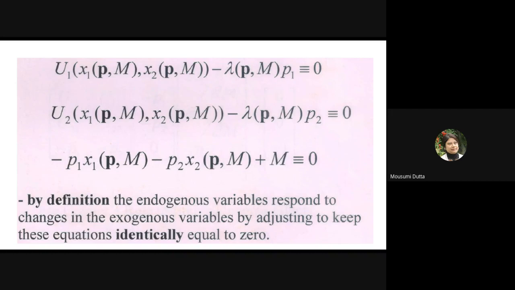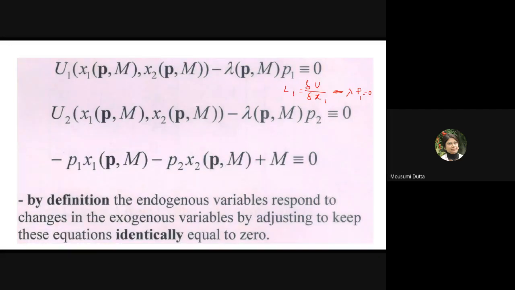You know, the first order condition, del u by del x1 minus lambda P1.